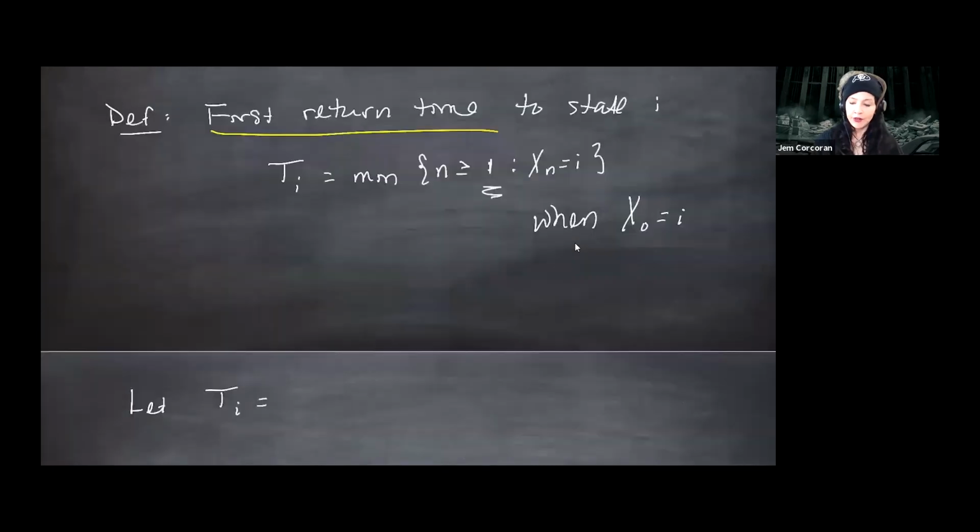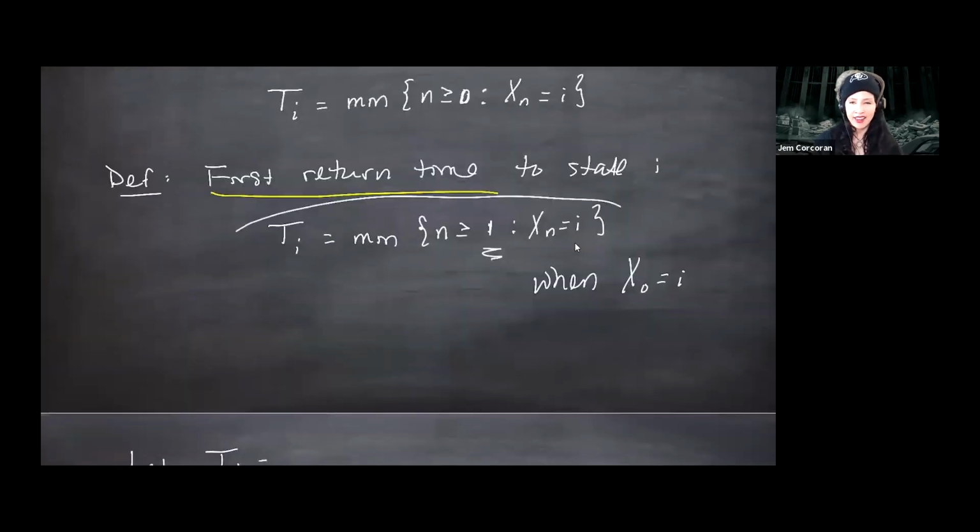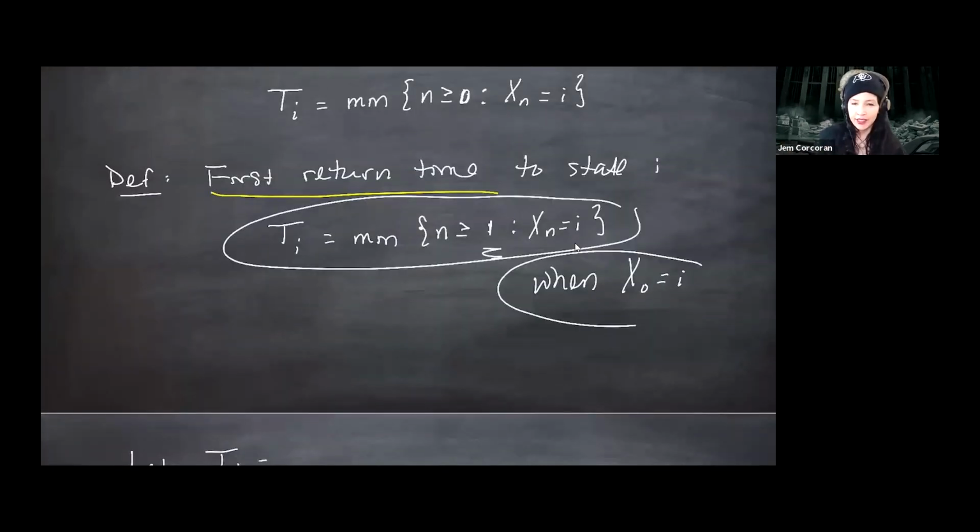Okay, so this is the formal definition of recurrence. I'm going to let T_i be the first hitting time at times greater than 0. It's really a return time, but if I don't condition on starting at i, then it's not really a return to anything.